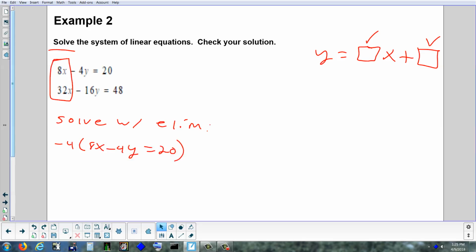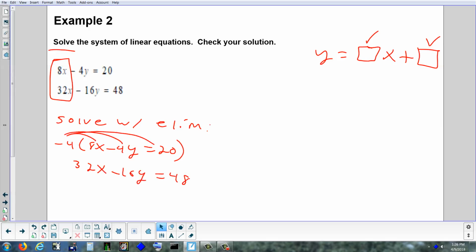What's 8 times negative 4? Negative 32. So negative 32x. The bottom equation, I didn't do anything to it. The top one, let's multiply out negative 4.